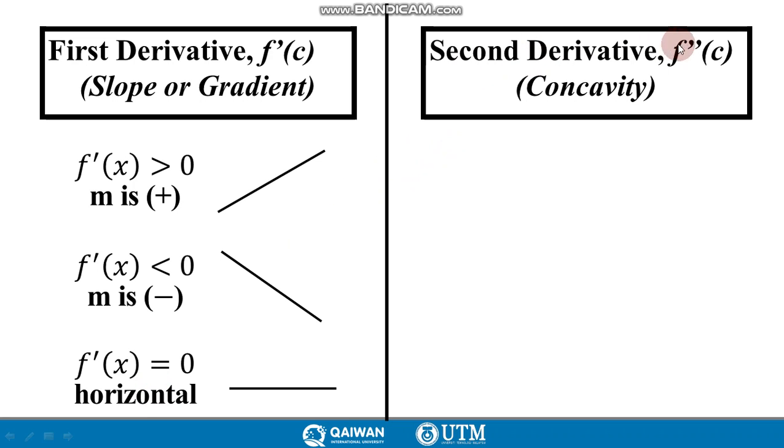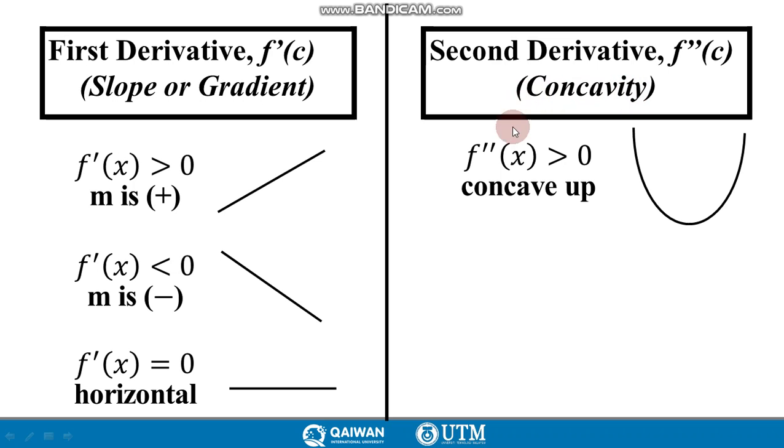And for the second derivative, f double prime at point C, we talk about concavity. We use the second derivative for testing the concavity of the function. If f double prime of x is greater than 0, then the graph is concave up.